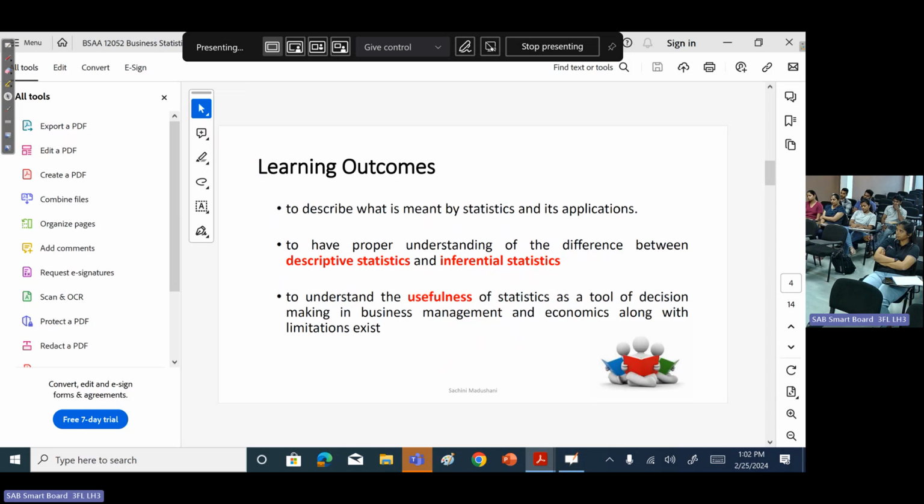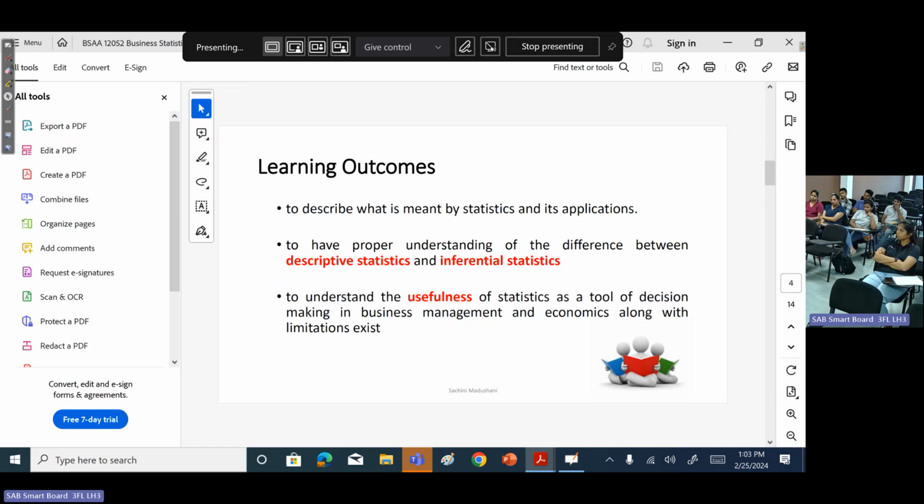In inferential statistics, what is the main thing? Identify the suitable population, then take a sample from the population. We study the sample, and based on the results of the sample, we can draw conclusions about the population.